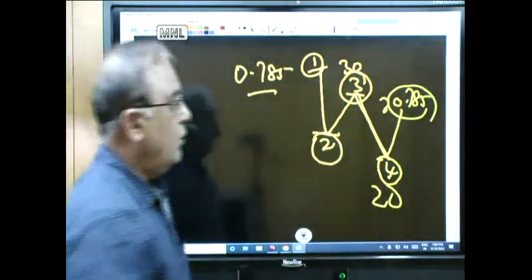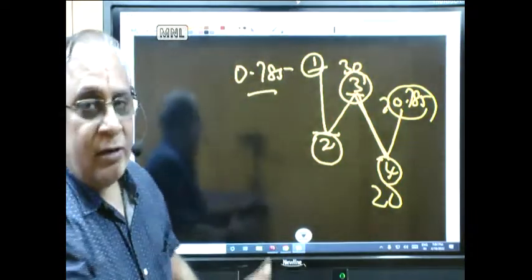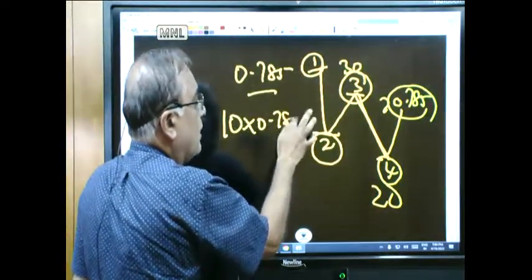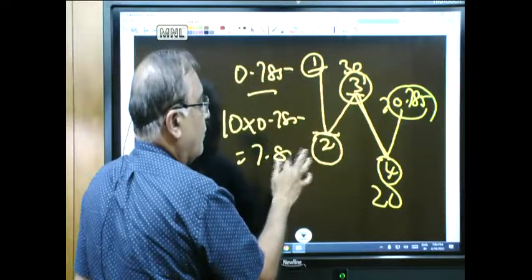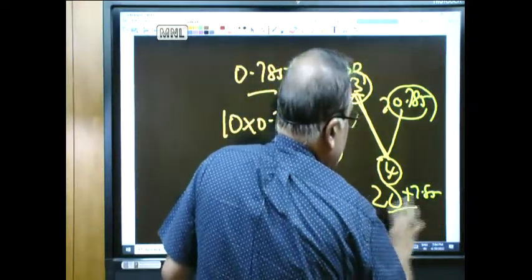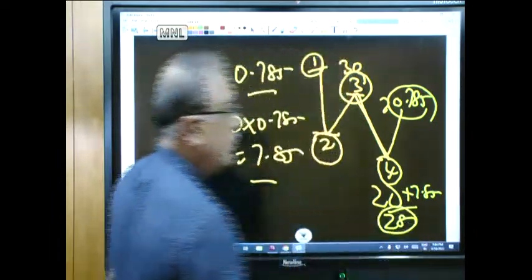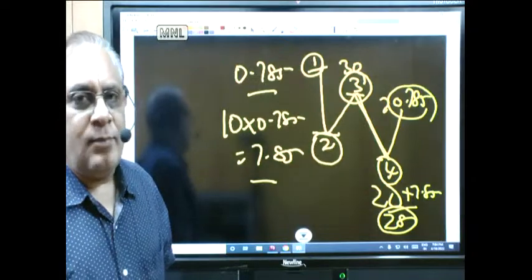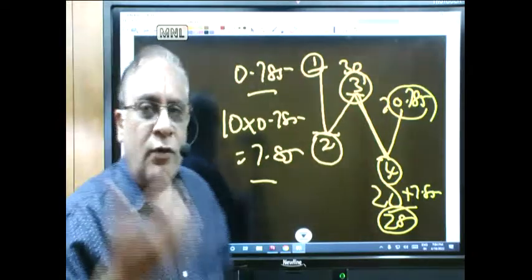So the difference is 10. Ten into 0.785 comes to 7.85. You add the 7.85 to this, so the last important trend change point will come closer to 27.85 or 28. That is where the trend change will take place. Till that time you can go for a sell.